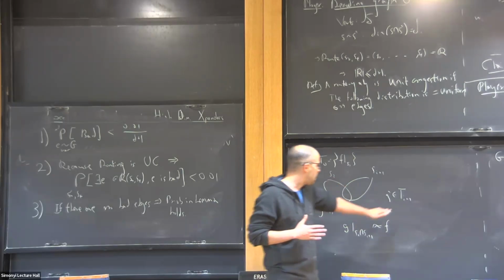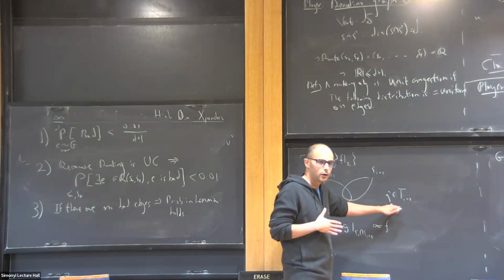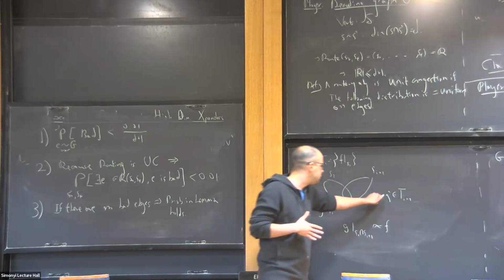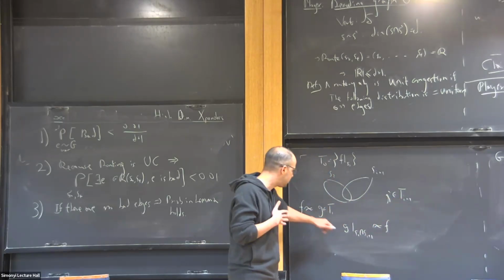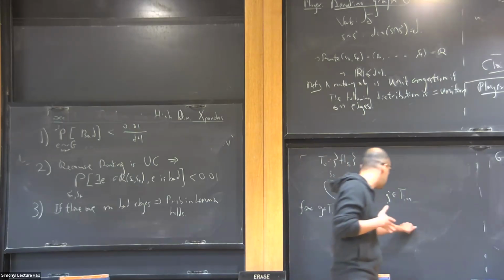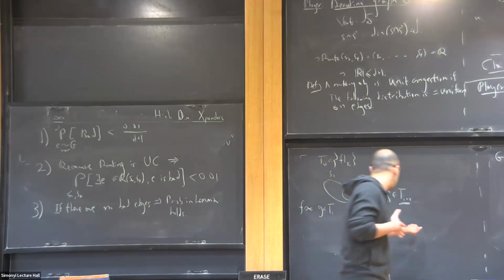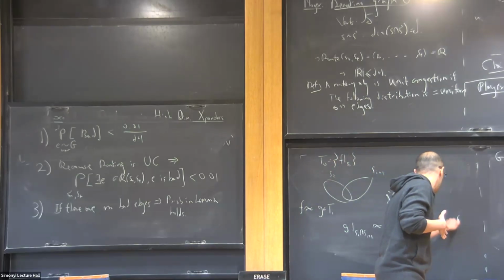But remember what T_{i+1} means. T_{i+1} are all functions that agree on the intersection with one of these G's. So for every G prime I have here, it agrees with one of the G's that was close to F on the intersection. So from this definition of T_i, G prime here is also close to F on the intersection.